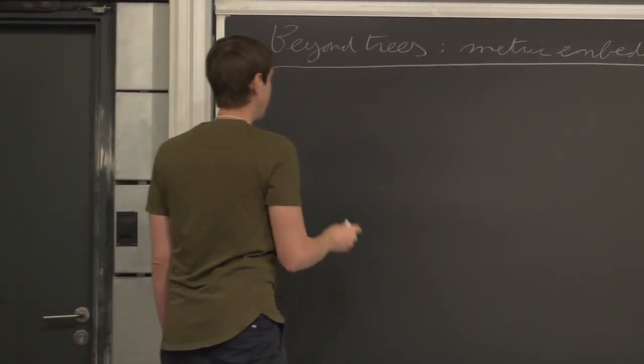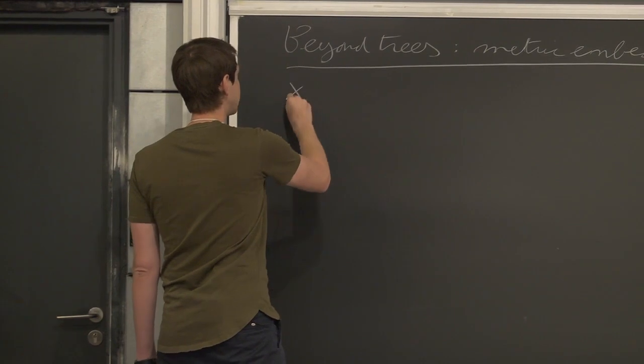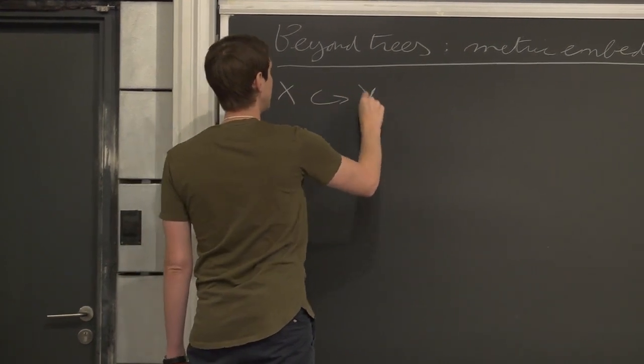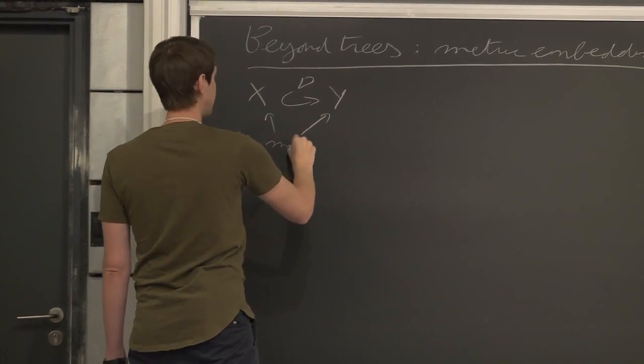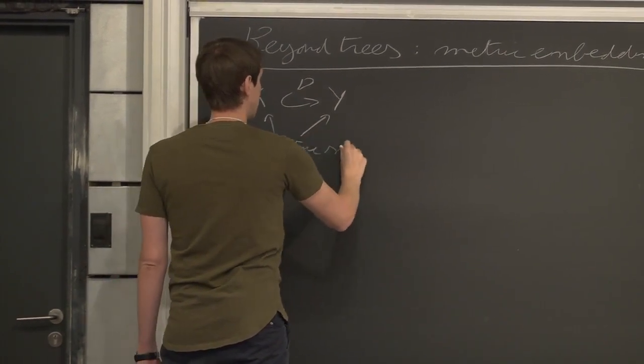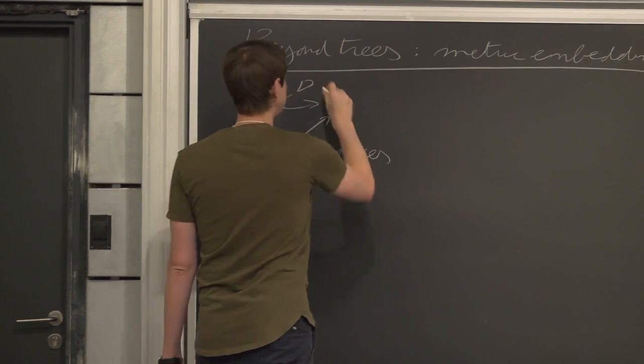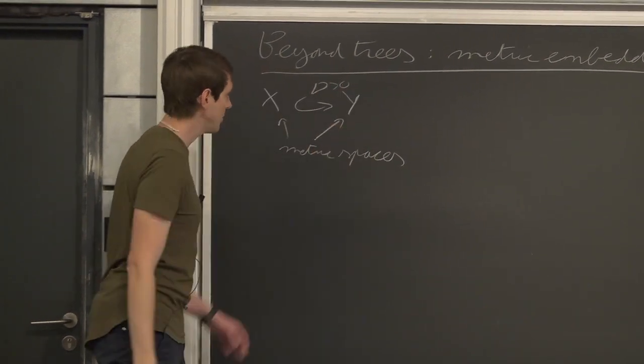So what is a metric embedding? We say that x embeds into y with distortion d. These are two metric spaces, and d is some positive number.